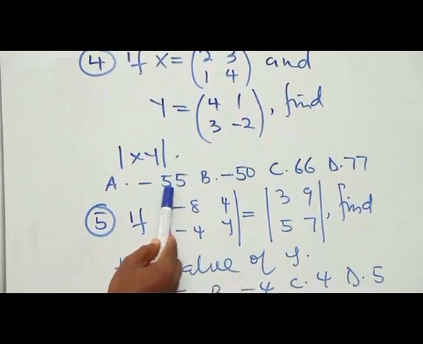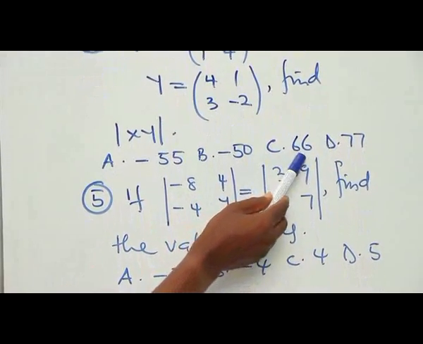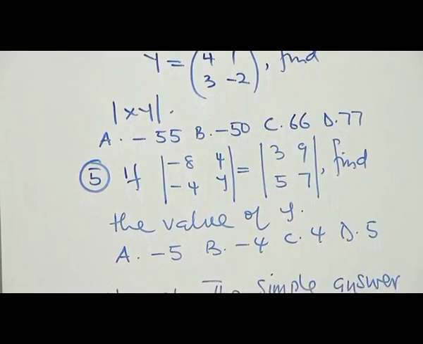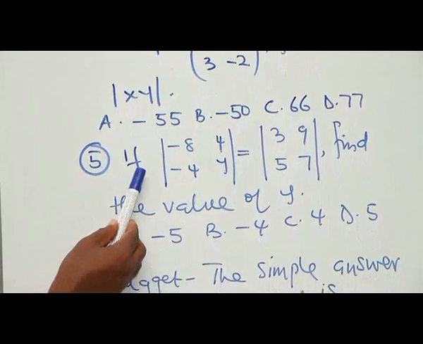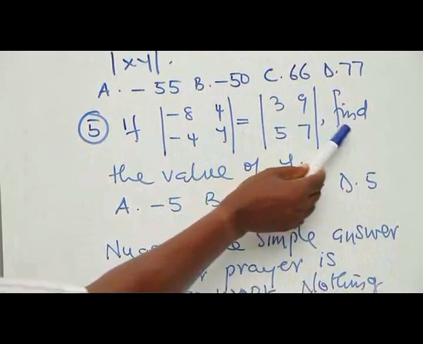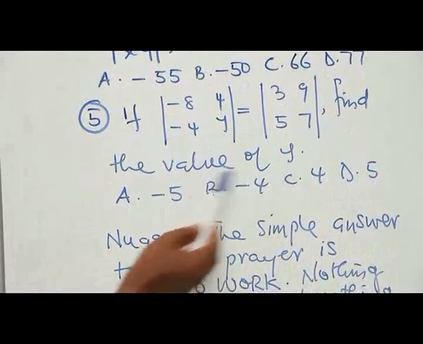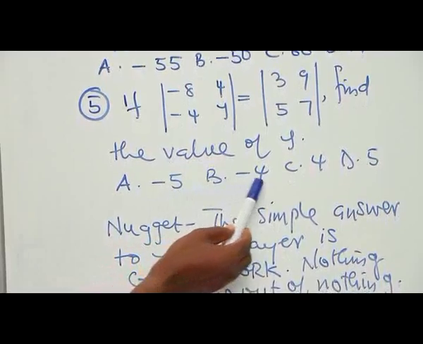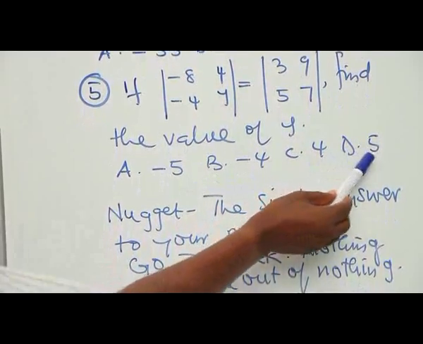A, minus 55, B, minus 50, C, this, D, 77. Number 5, if this determinant is equal to this determinant, find the value of Y. A minus 5, B minus 4, C 4, and D 5.